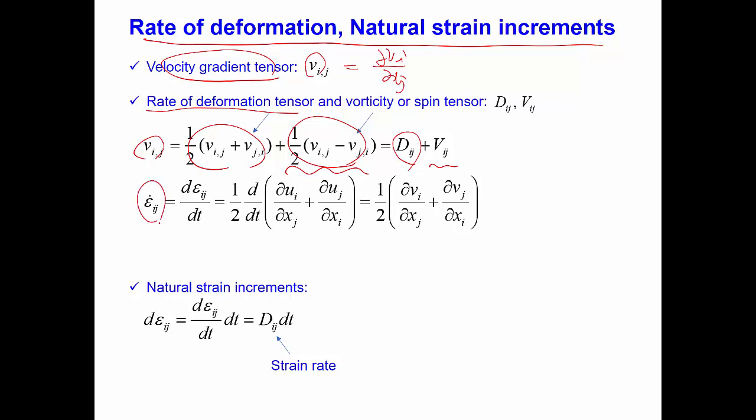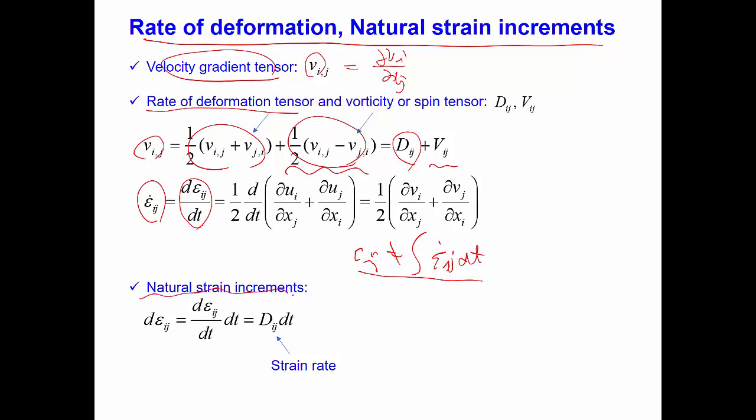Of course, we can define the rate of deformation tensor by directly differentiating strain with respect to the time parameter. However, we cannot calculate the strain component from direct integration of the rate of deformation tensor, because the principal direction of the strain or deformation tensor may change from time to time.